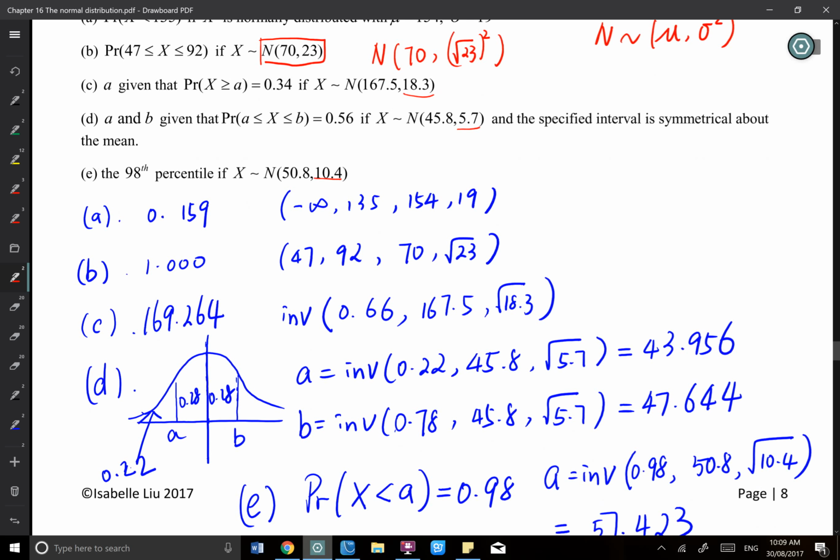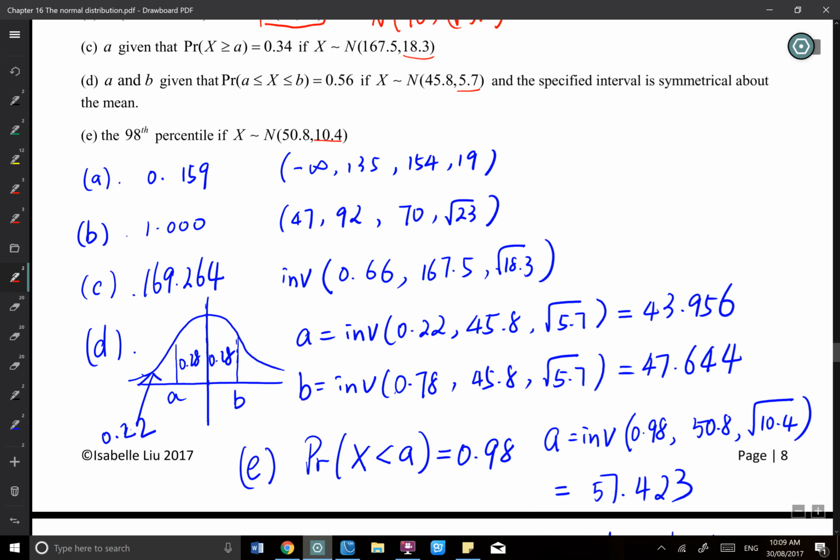Let's have a look at E. E is the 98th percentile. If you remember percentile, it is when x less than a number will give you 0.98, like 98%. Quartiles are the same as percentile, just in decimal, 0.98. So for the 98th percentile you can write probability x less than A equals 0.98. A is the percentile.